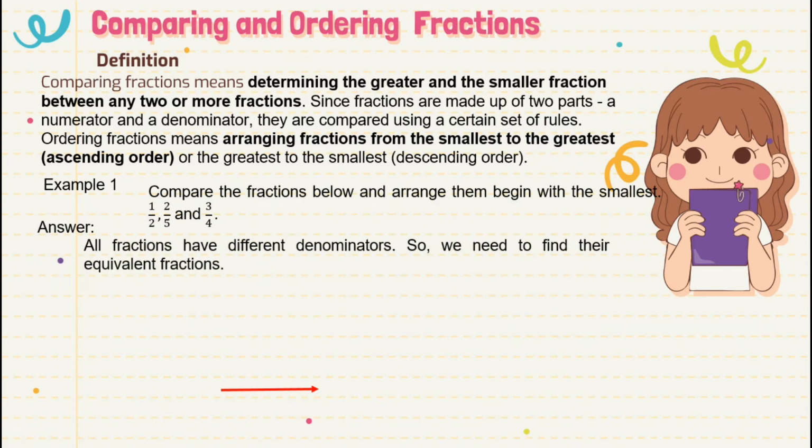Answer. All fractions have different denominators, so we need to find their equivalent fractions. 1/2, 2/5, 3/4. 1/2 times 2 equals 2/4. 2/5 times 2 equals 4/10. 3/4 times 2 equals 6/8. 4, 10, and 8 are still different.